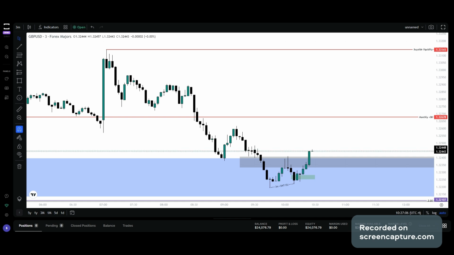Okay, so we got above this short-term high, which is nice. This short-term high, we got above it. It looks like we're getting our displacement here now.